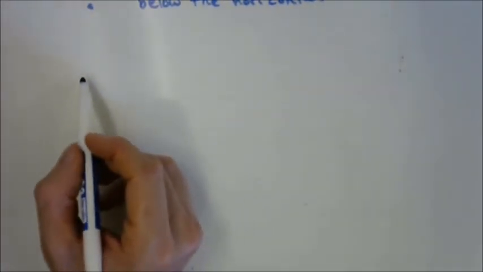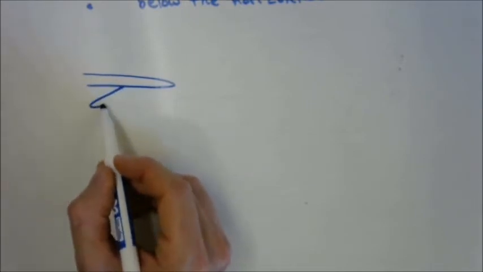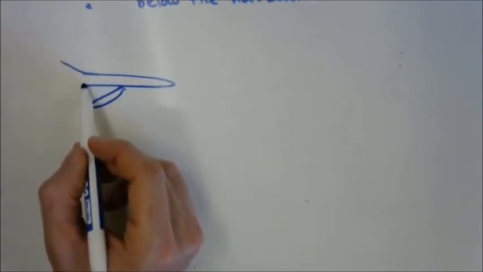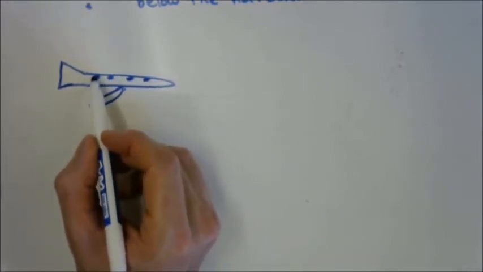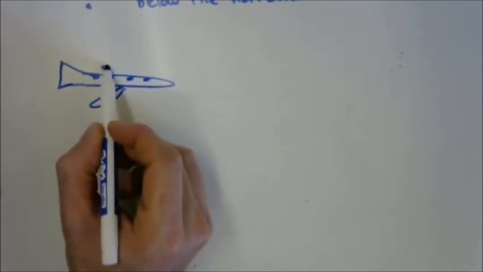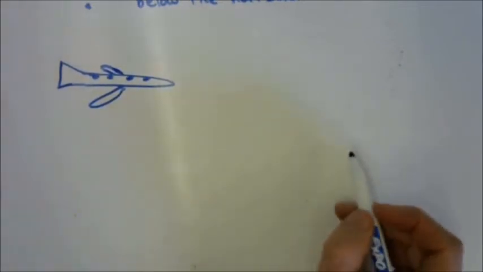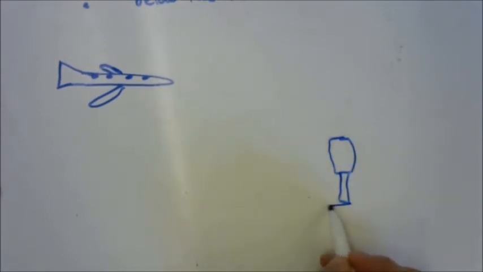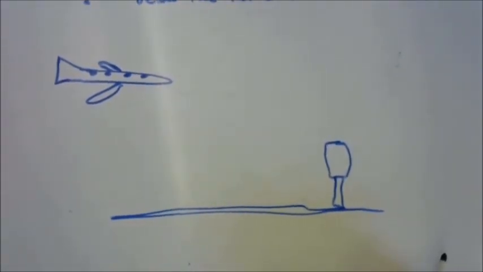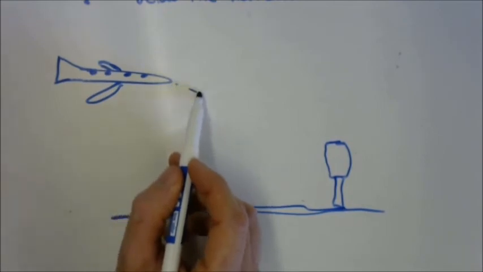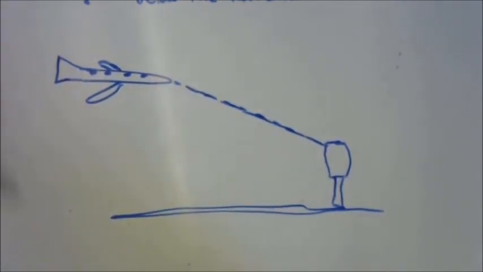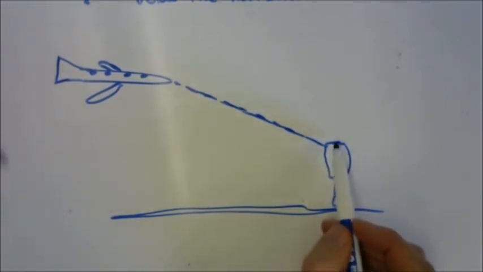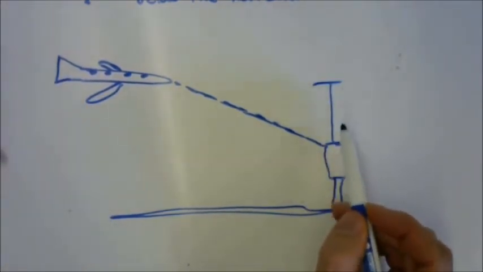For instance, if you had a problem and there's an airplane in the sky, there's my airplane. Wow, that's a small airplane. And there's a watchtower. The watchtower is looking at the airplane, and you have to find the height difference between the watchtower and the airplane. You're going to use a triangle.